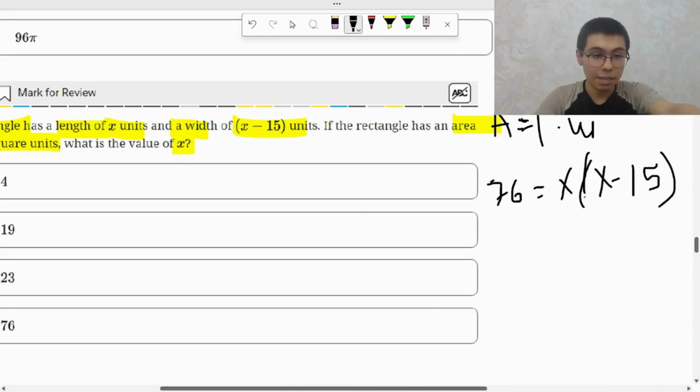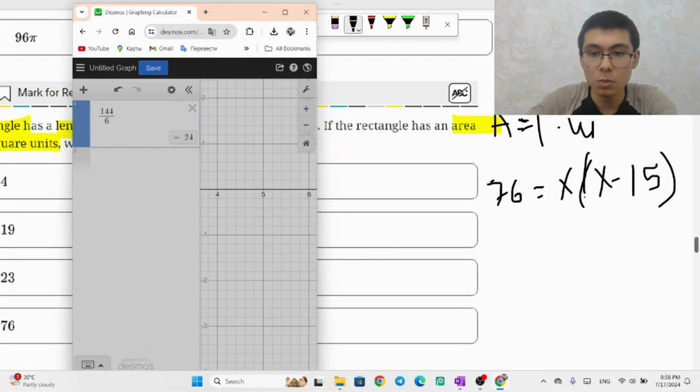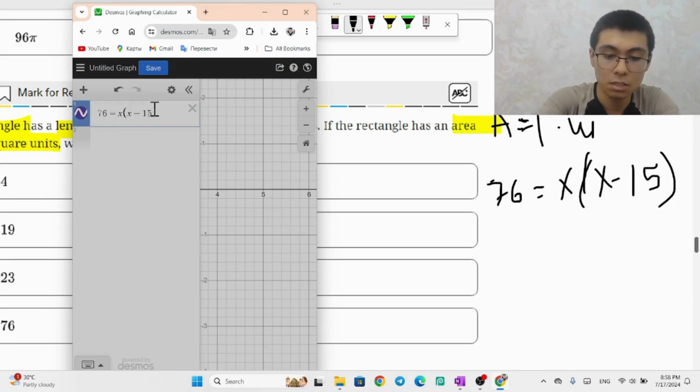So in this case, if I were in the real exam and I had this question, I would immediately go to, where do you think? Desmos. So here I have the Desmos. 76 equals x times x minus 15.